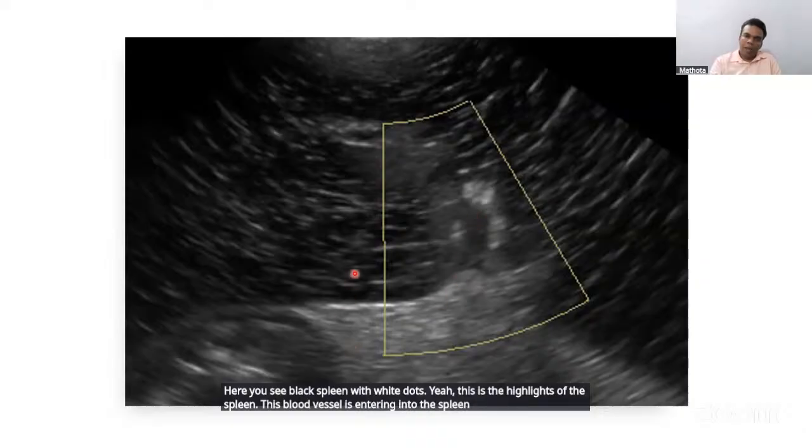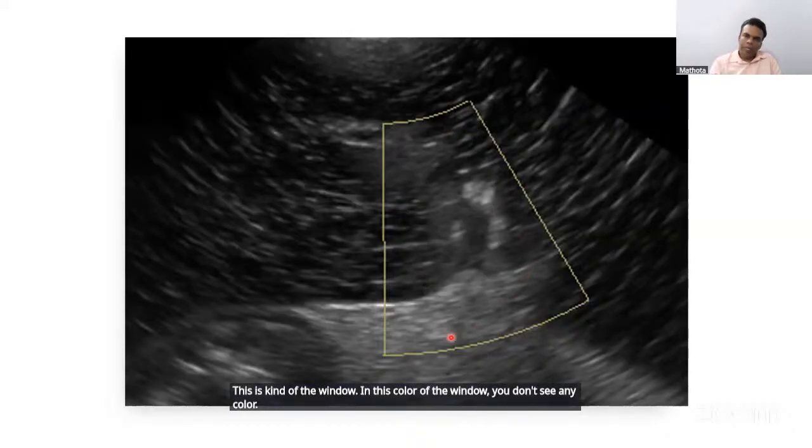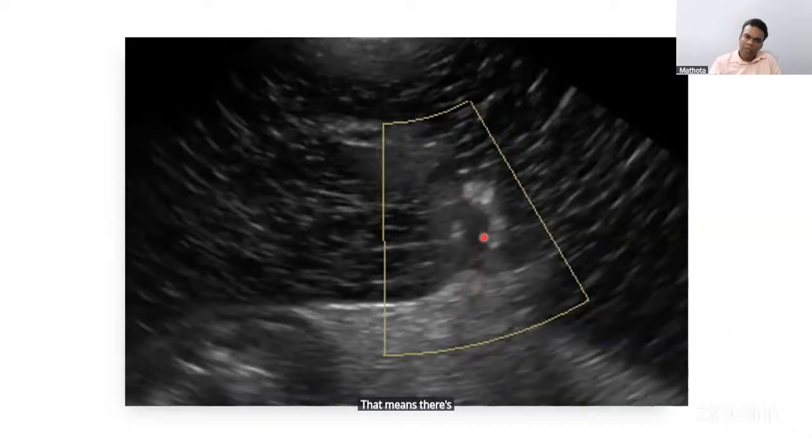I have applied color Doppler. This is the color Doppler window. In this color Doppler window, you don't see any color. That means there's no blood flow in this blood vessel. So this is splenic torsion. In splenic torsion, you don't see blood flow to the spleen. This is the typical appearance of the spleen in splenic torsion.